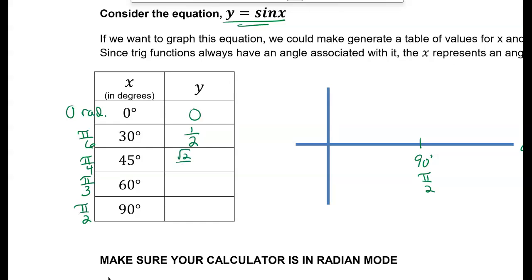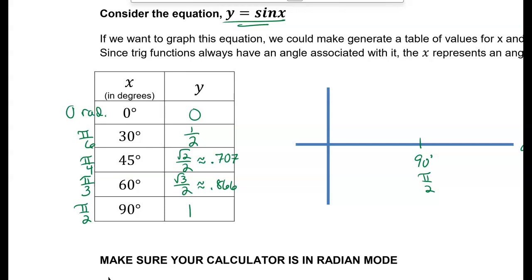That's root 2 over 2. Emery, what was that as a decimal? 0.707. Excellent. Pi over 3, what's the sine of pi over 3? Root 3 over 2. But the decimal approximation, Braille, what did you get? 0.866.